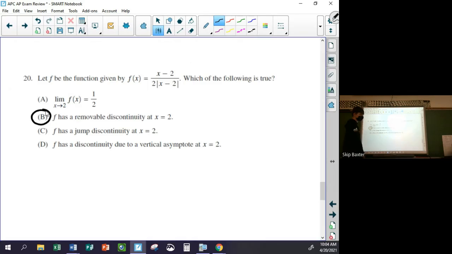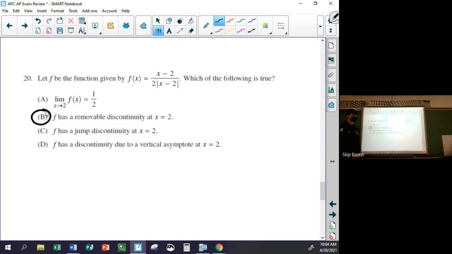Does anyone disagree? Everyone agrees? Everyone got this one wrong then.